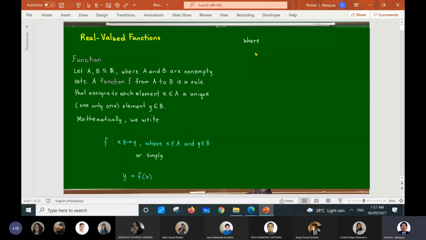x here is called the independent variable. What about y? We call this the dependent variable.